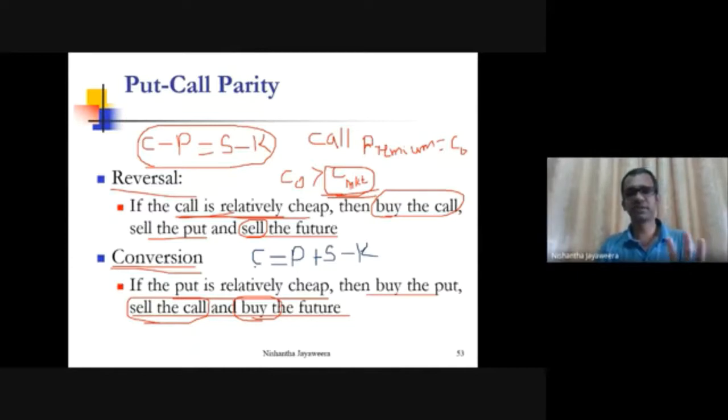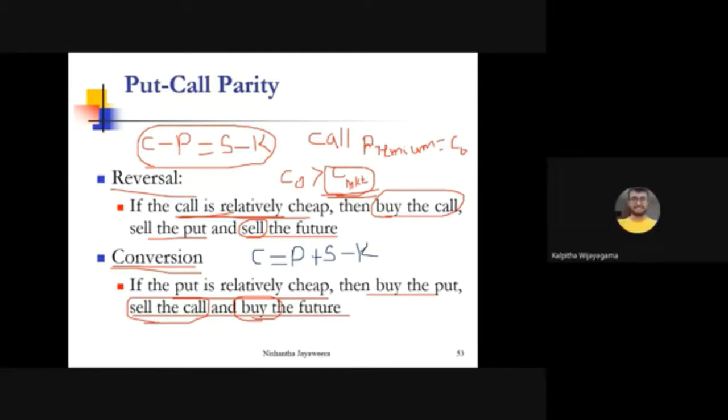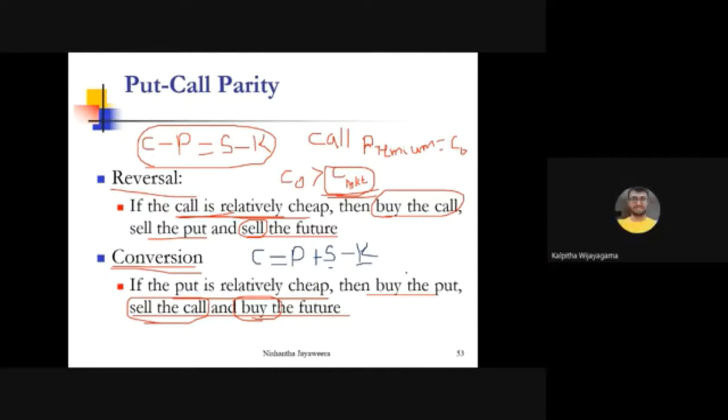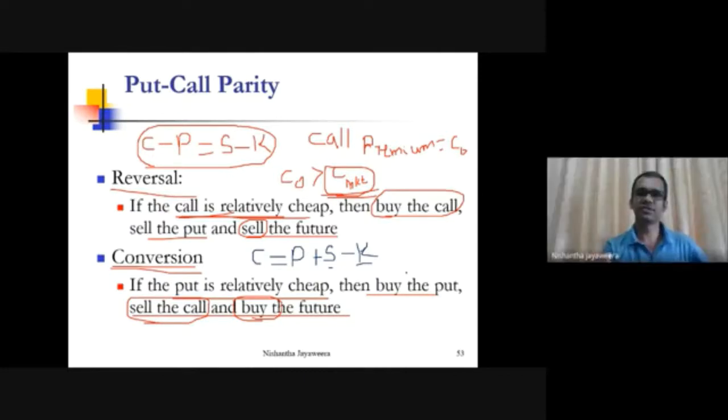Long call equals long put plus long underlying minus future. Long put, long underlying, short future. Minus future means you sell the future. So this is the long call.